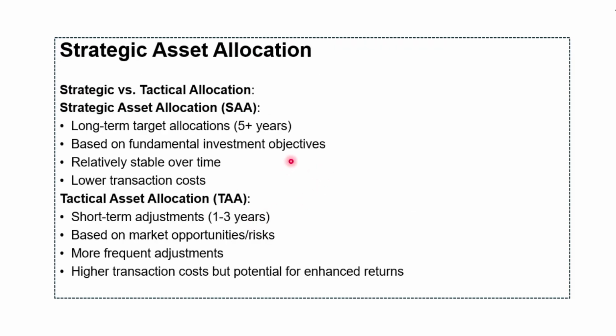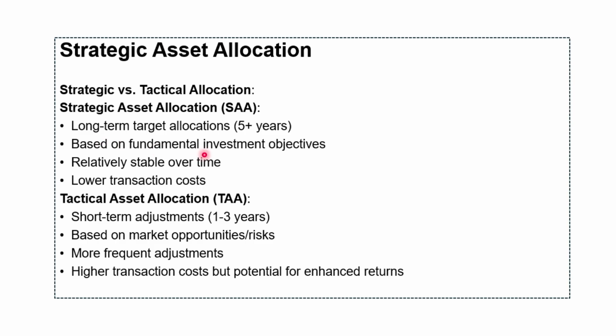Then strategic asset allocation. We have two approaches: strategic versus tactical allocation. One is strategic asset allocation, SAA, and the other is tactical asset allocation, TAA. Strategic asset allocation represents your long-term allocation for 5+ years.